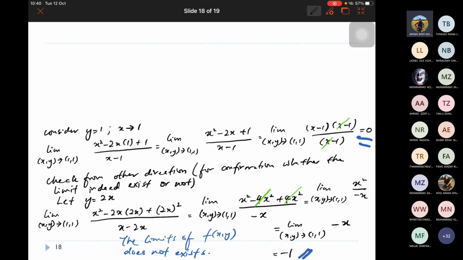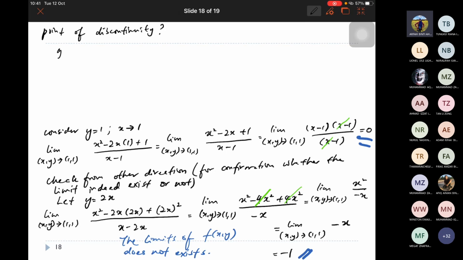Okay, point of discontinuity. Soalan tu silap sikit. At which point xy in the plane of the following function are not continuous. So kita bukannya cari point yang continuous. Selalunya kita cari point yang discontinuous. So we want to find the point of discontinuity for the following function.